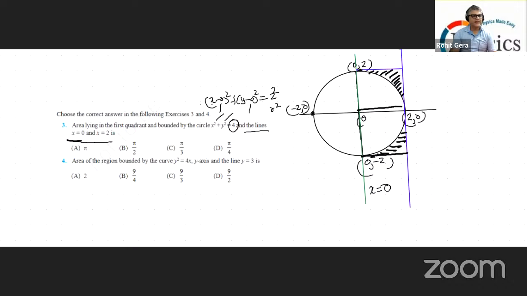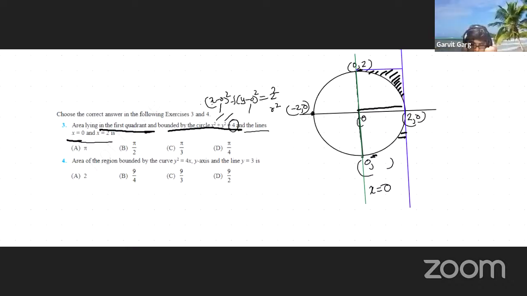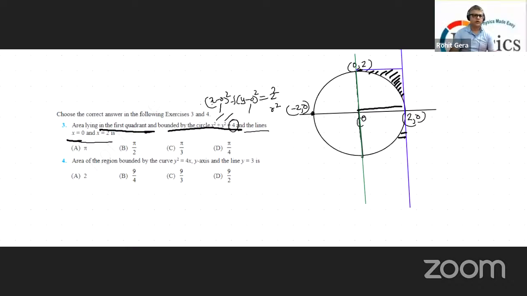Okay, sorry. The area lying in the first quadrant and bounded by, okay. So we don't have to consider the fourth quadrant. So this is gone, because he has mentioned it has to be the fourth quadrant.